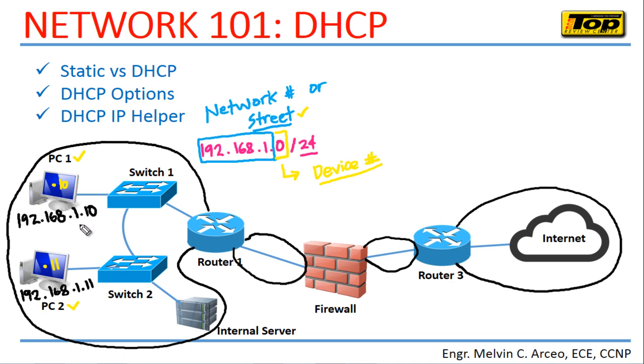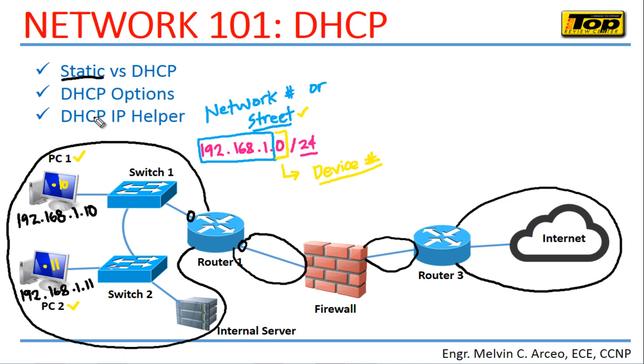And kung binigyan natin siya manually, ang tawag natin doon ay static addressing. Okay? So, lahat ng mga devices, katulad ng server, katulad ng router, yung mga interfaces kasi nito, ay may IP addresses din. So, pag binigyan natin siya manually ng mga IP addresses, we call it static IP addressing.